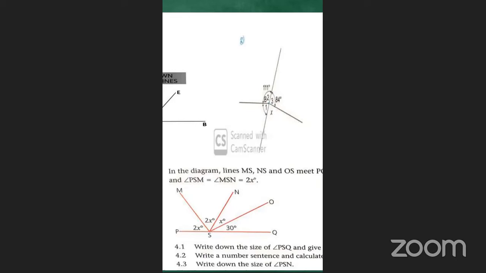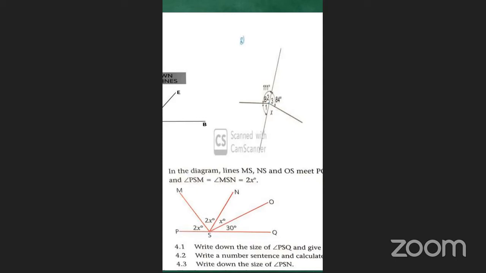And in number 4.1, our straight line equals 180 degrees. So what do we see? We see that we have 2x plus 2x plus x plus 30 degrees equals 180 degrees. So that's our equation.